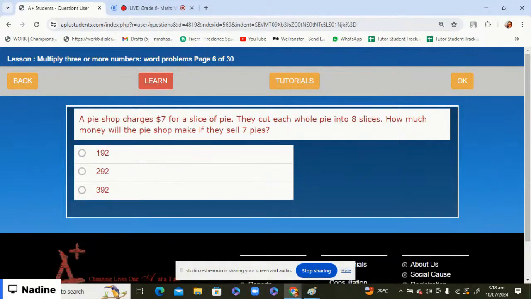Okay, so a pie shop charges $7 for a slice of pie. They cut each whole pie into 8 slices. So how much money did the pie shop make if they sell 7 pies? Look here, when you have a question like this, how many total charges?